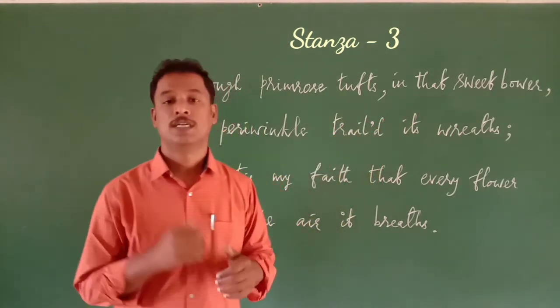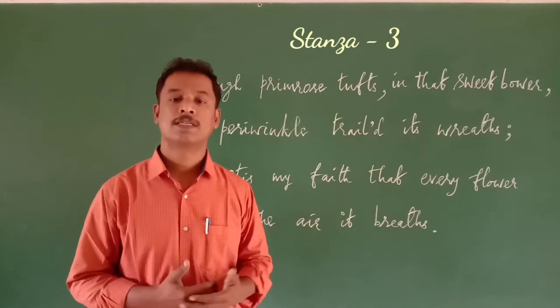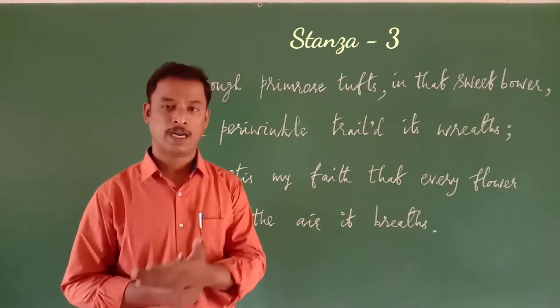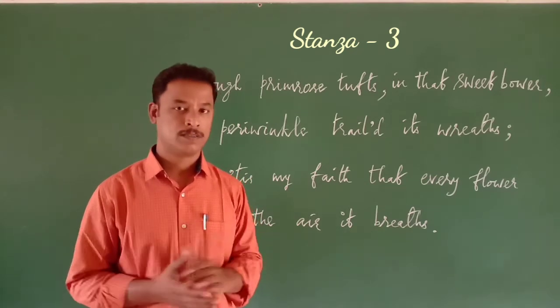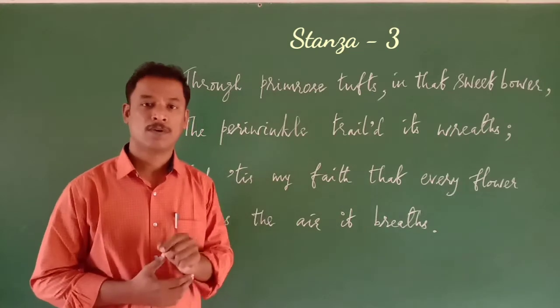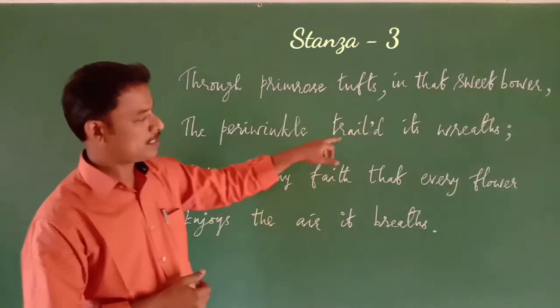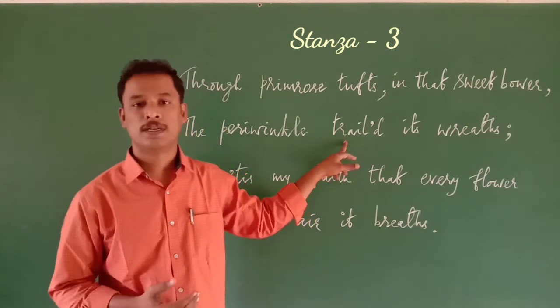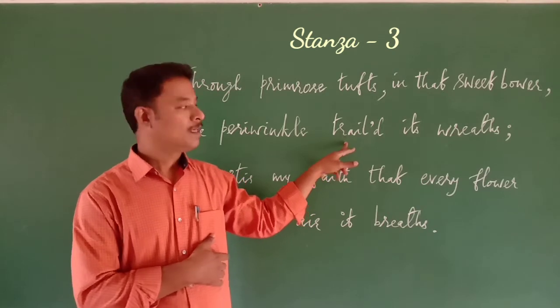The bower, you know the meaning of the term bower? It means a pleasant place in the shade under trees or climbing plants in a wood or garden or yard. Periwinkle means a small plant that grows along the ground. Trailed is the simple past form of the verb trail.